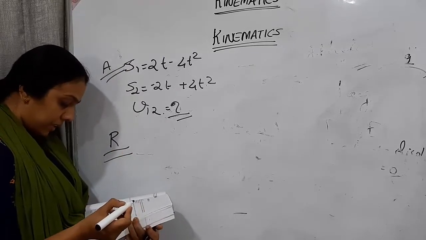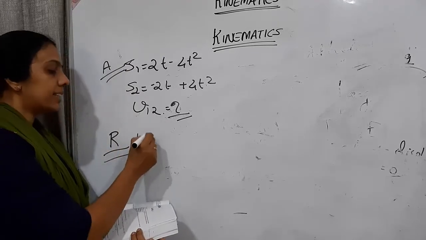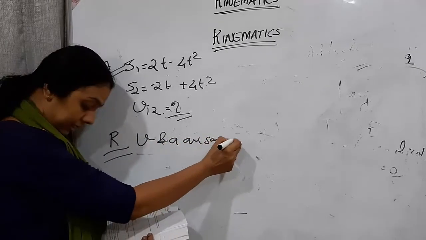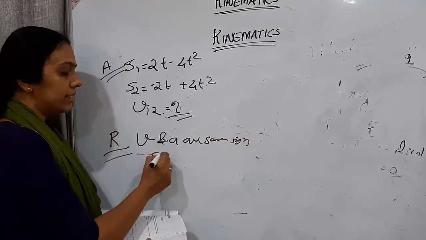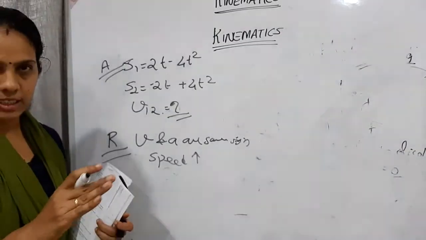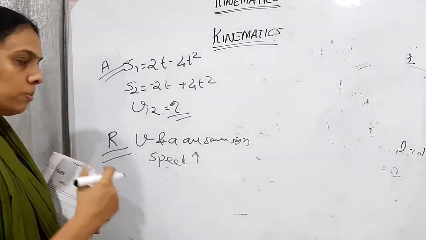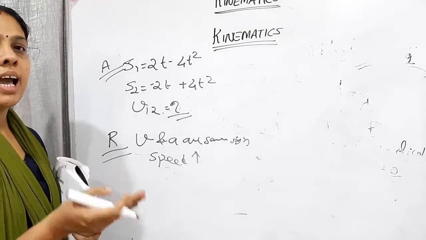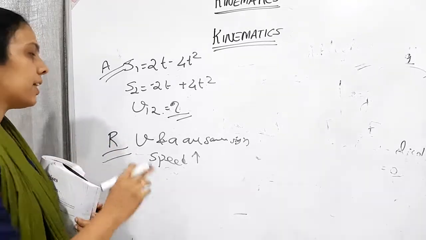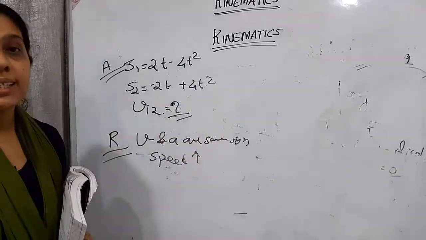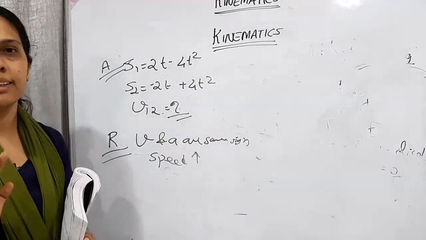If velocity and acceleration are of the same sign, then speed will be increasing. Velocity is positive, acceleration also positive. Velocity is negative, acceleration is negative. V and A are of the same sign, then speed is increasing. True or false?